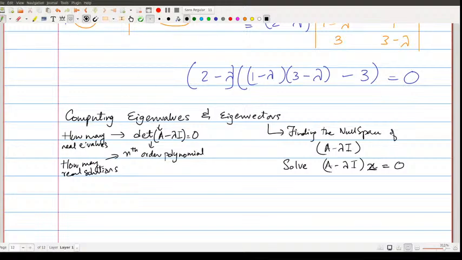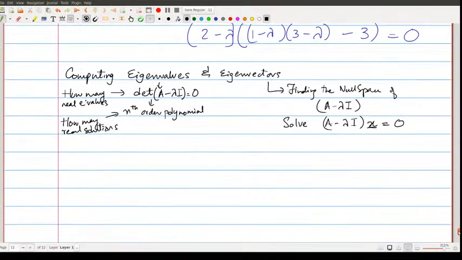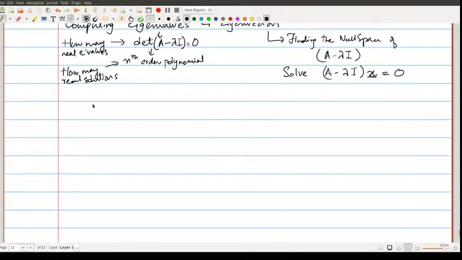Okay, so that was the last lecture, and now we're going to move on to perhaps the most important application of eigenvalues and eigenvectors, which is diagonalization. This is similar to the factorizations that we've done so far.